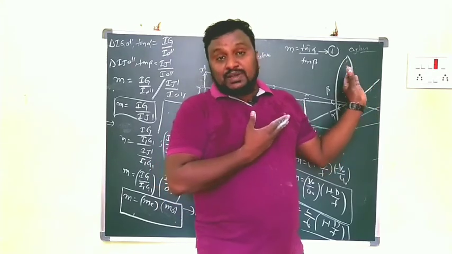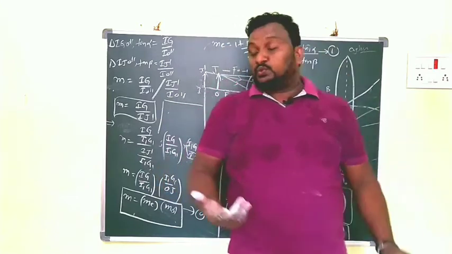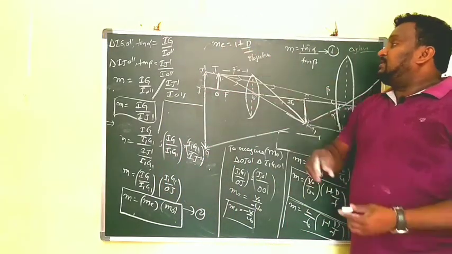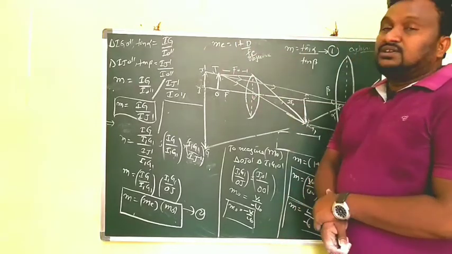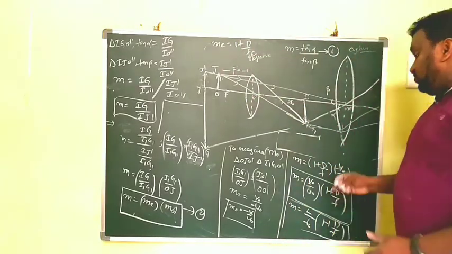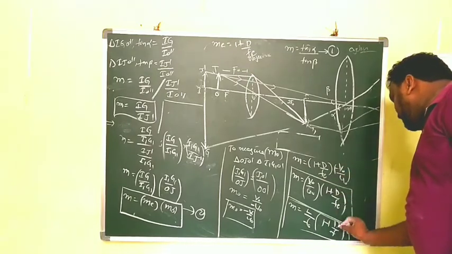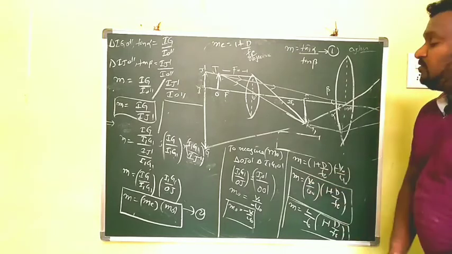That's why its magnifying power is the magnifying power of a microscope. ME is equal to 1 plus D by F, and here that is FE for the eyepiece.